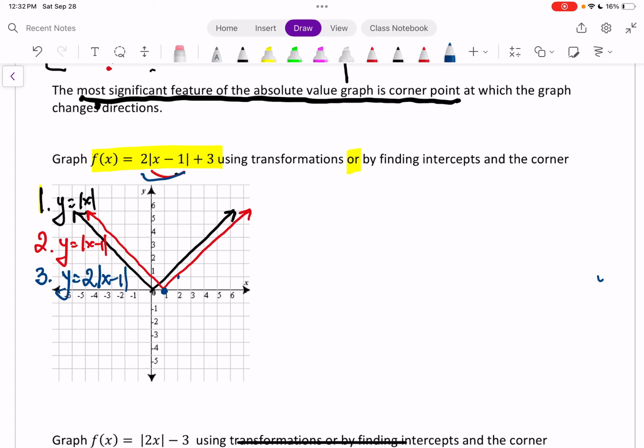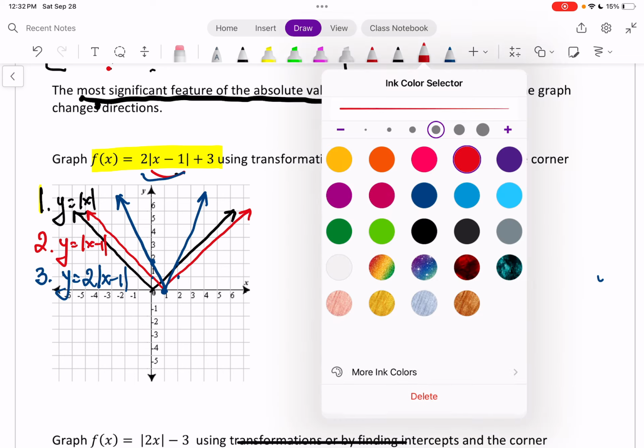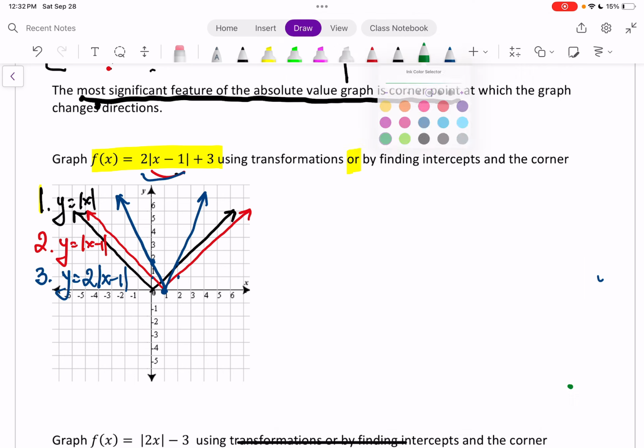This y coordinate is a 1, and now it moves to a 2. So what that does is change the slope of both arms of the V to a 2 rather than a 1. So it's a vertical stretch by a factor of 2. It gets twice as narrow, or twice as long vertically.